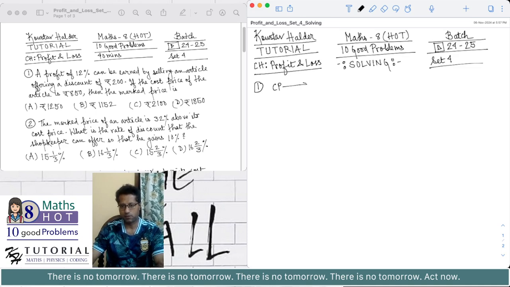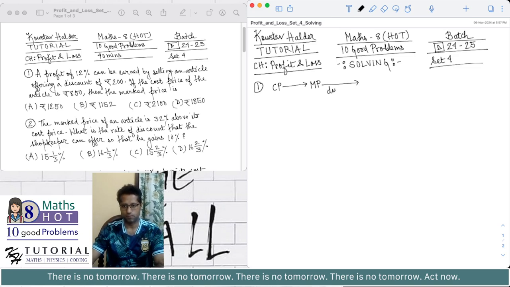From the cost price, we have some mark price, which is always greater than the cost price for the shopkeeper or dealer, whoever is selling the article. And from the mark price, there is usually some discount.